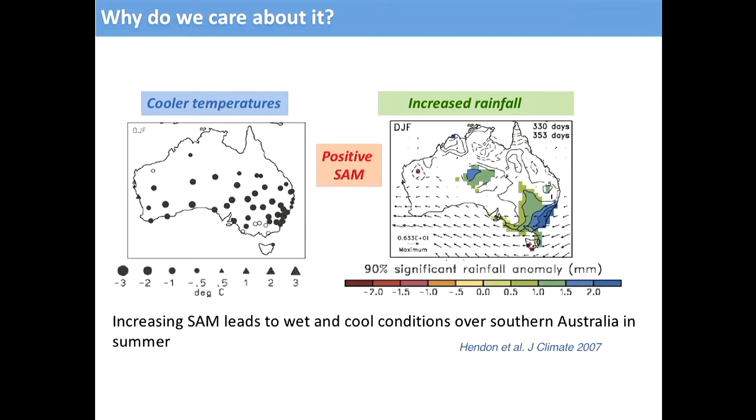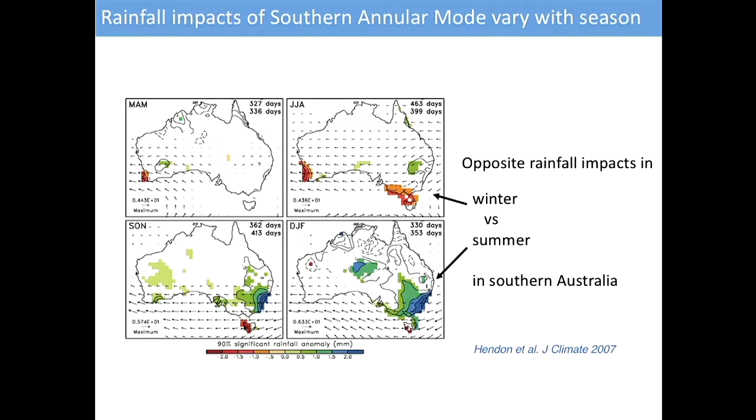If you have a positive SAM, the jet moves poleward, and that actually increases easterly flow over southern Australia, and that then leads to rainfall in the southeast increasing. But one of the confusing things about the SAM is that it varies quite strongly with season, in sign particularly.